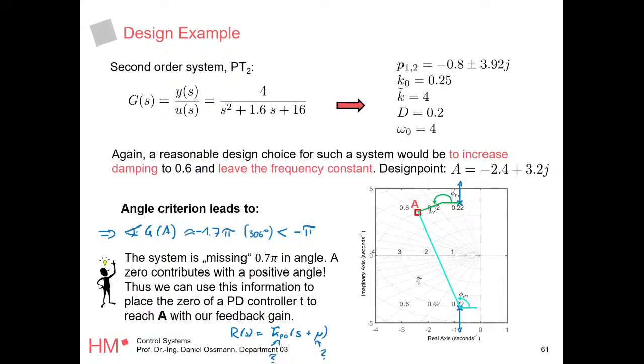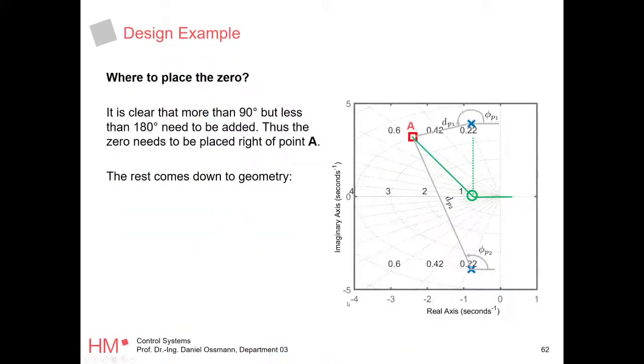We can get out this 0 by knowing that we need 126 degrees from that 0, okay? This is purely graphical information. And now we just do a little bit of Pythagoras and tangent computation. Okay, so let's see what we have.